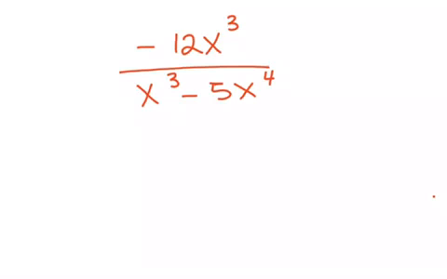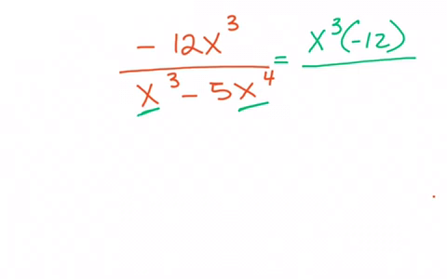All right, the last one that I'll show you. On this top term, I cannot simplify, but I can rewrite this as x to the third times negative 12. On the bottom, I can take out an x to the third on both of them.